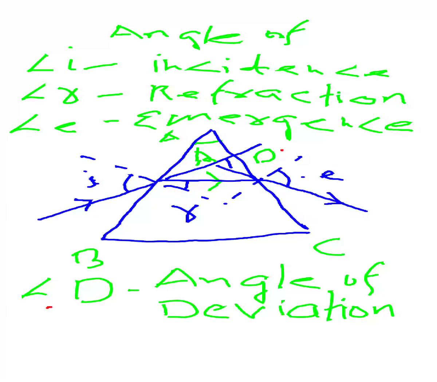This is the case of minimum deviation. The angle of refraction inside the prism material is half the angle of the prism. Which is the angle of the prism? It is A. So it is half of that in this case.